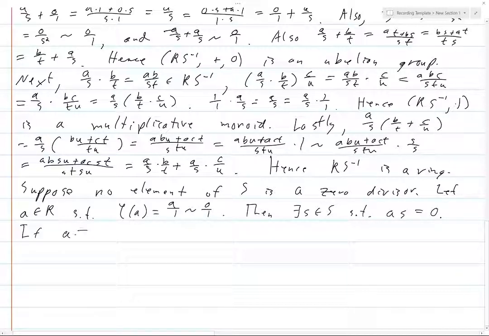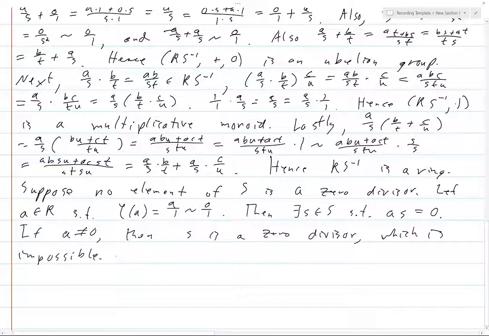If A is non-zero, then S is a zero divisor, which is impossible. Thus, A equals 0, so the kernel of phi.